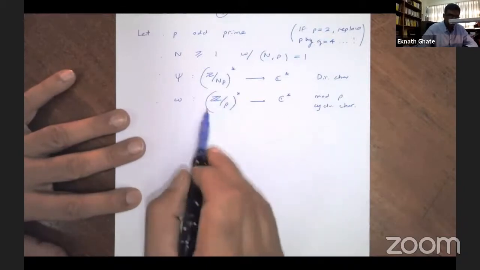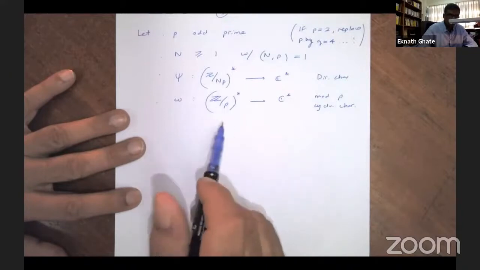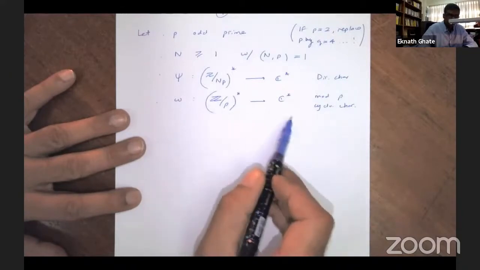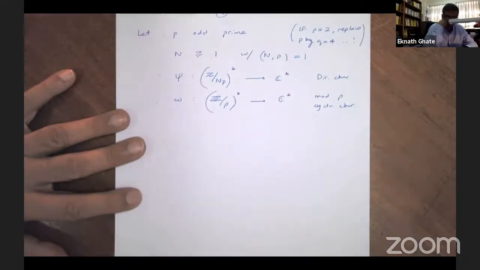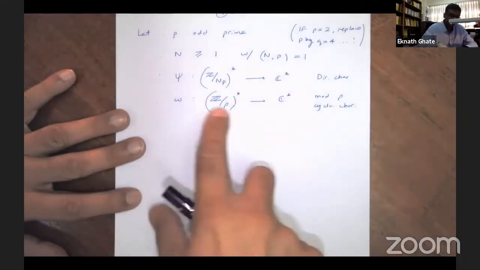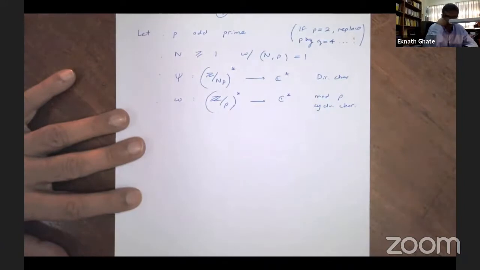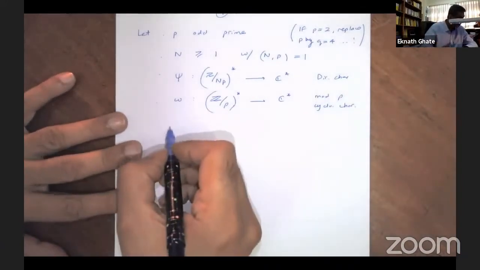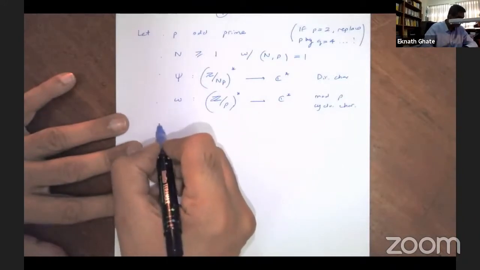This group is isomorphic to the group of (p-1)st roots of unity, so abstractly it's isomorphic to that. But you choose an appropriate (p-1)st root of unity such that if you go mod p, you recover the original integer a. Okay, so that is the mod p cyclotomic character. It's everywhere in the literature.